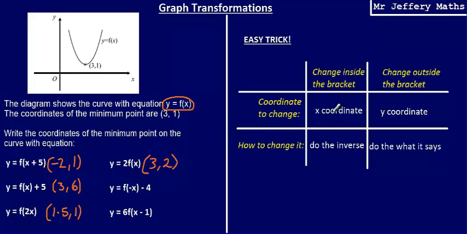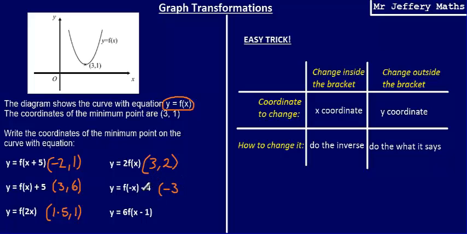It's going to change our x coordinate, and we're going to do the inverse. So this is telling us at the moment to multiply by negative 1. The inverse of multiplying by negative 1 would be to divide by negative 1. So 3 divided by negative 1 will give us negative 3.